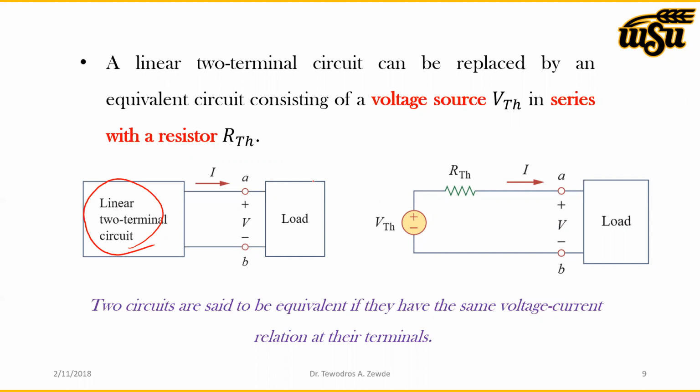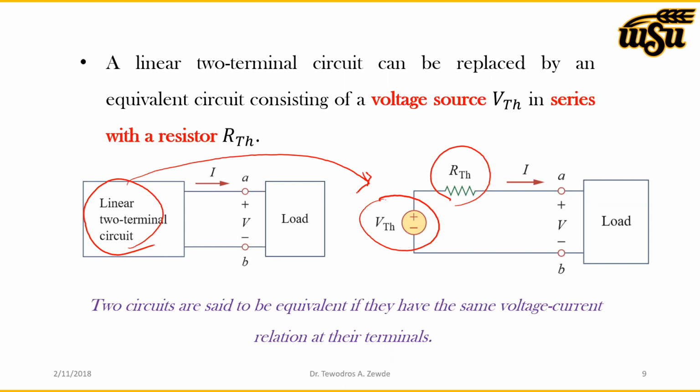So what we do is first we'll transform or simplify this network into one voltage source and one resistor, nothing else. So the whole complex circuit is replaced by one independent voltage source and one resistor.